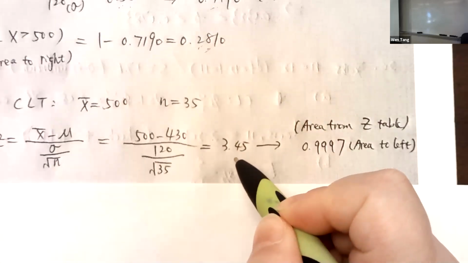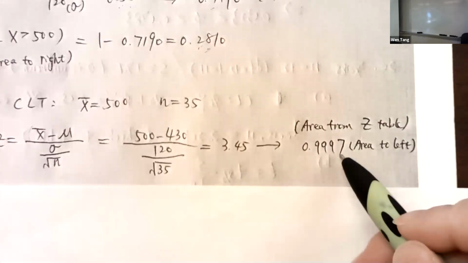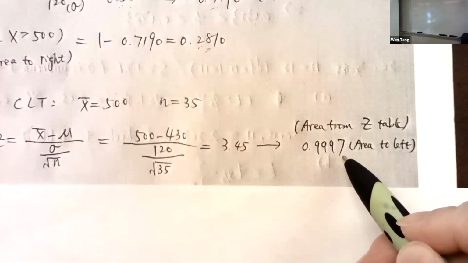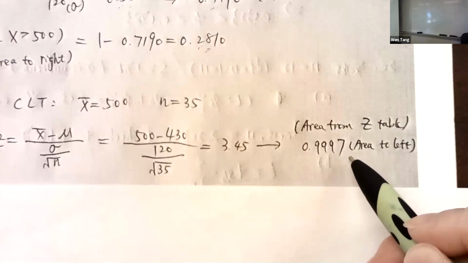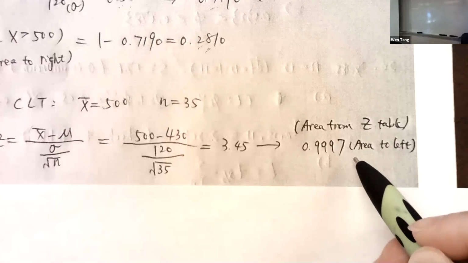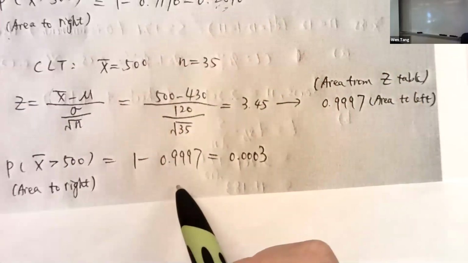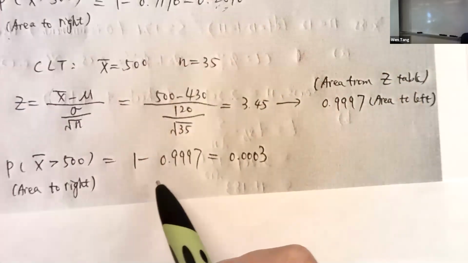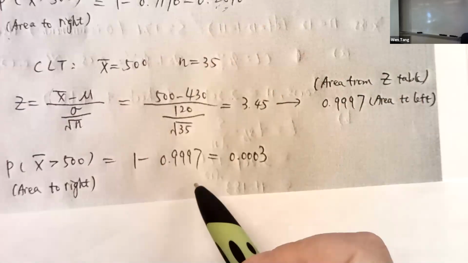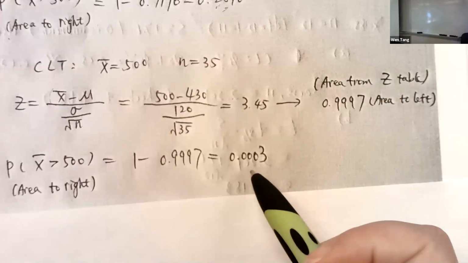Then the remaining part is just the same. Use the Z to check the table to find the area. But we should still know this is not the final answer, because this is still the area to the left. We are still interested in the area to the right, so don't forget the last step: total area minus the area from the left gives the area from the right.